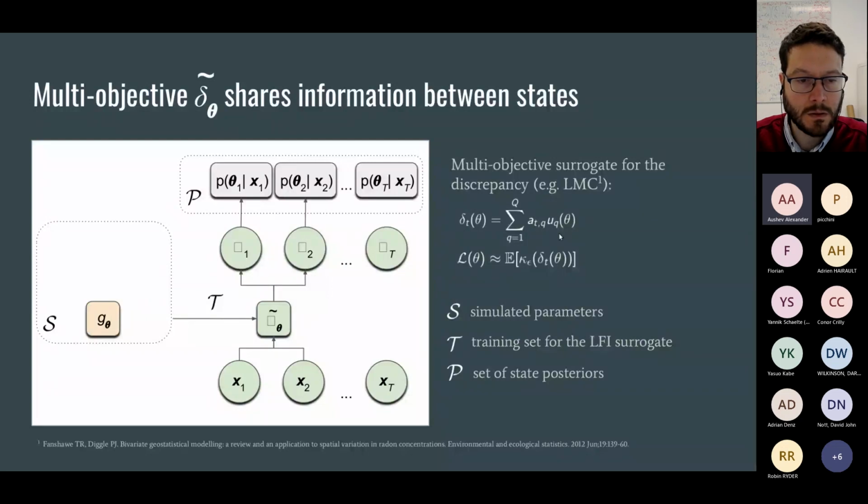I also need to spend some time to explain the different sets which essentially transfer the information between different parts of this scheme.